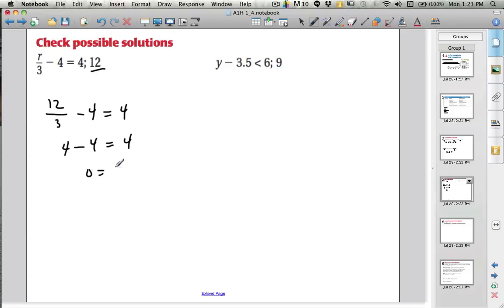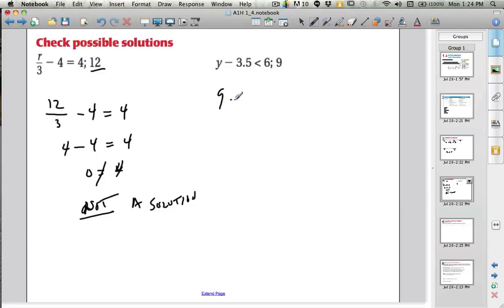Is 0 equal to 4? No, it is not. So this is not a solution. When I plug the value in and I end up with an untrue statement, the value is not a solution. If I end up with a true statement, it is a solution.